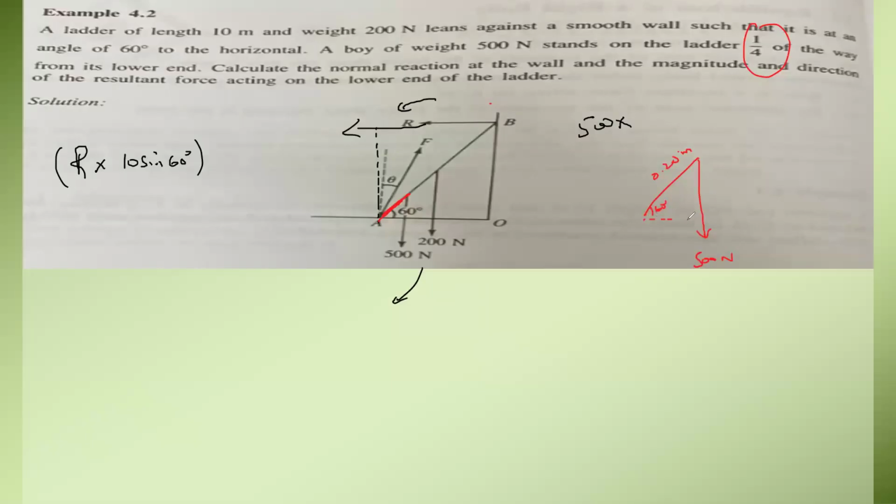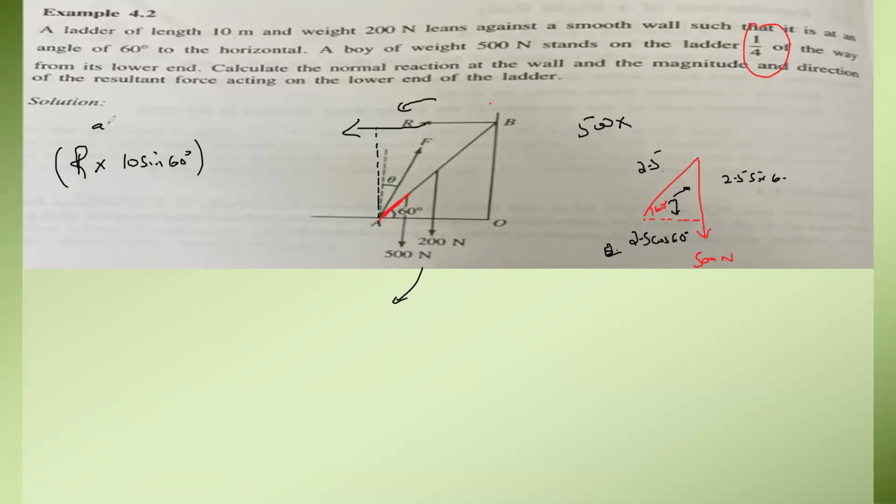I need the perpendicular component. I need the component of the distance which is perpendicular to the force. So what will be this component? This will be equal to 2.5, because it is 1/4. So this is 2.5. This will be equal to 2.5 cosine 60 degrees, and this will be equal to 2.5 sine 60.